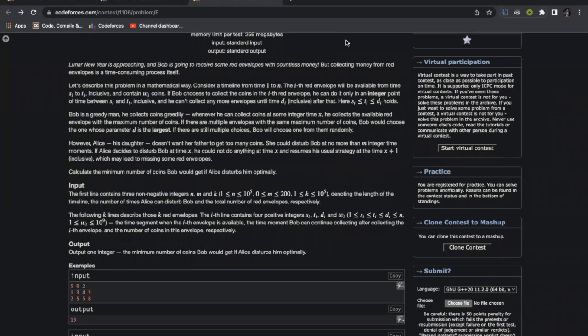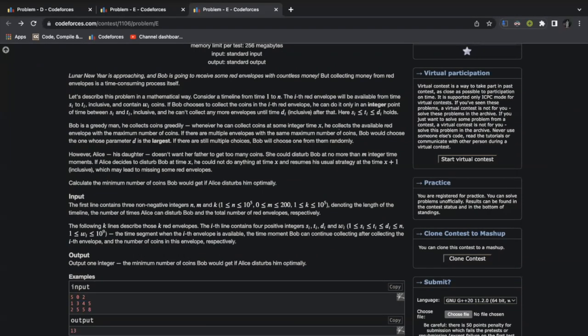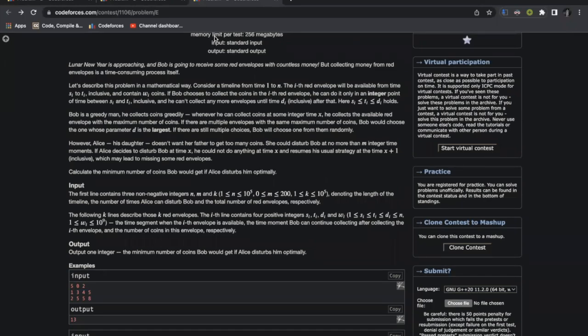Okay, so I'll just give 4 to 5 minutes to think about it, and then we'll look at the solution. Here, the good thing is that there are no huge values, so we can look at every time instant separately, and we don't have to do a lot of complicated things.